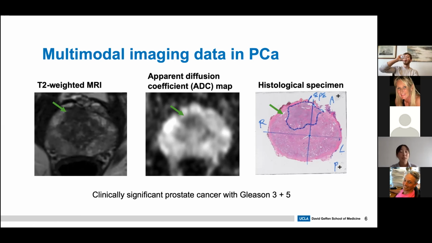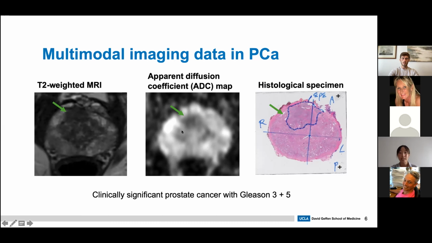Well, usually when there's dense cellular structure, it would impede the water molecule diffusion. So when we have a tumor with high cellularity, that is going to be quantitatively reflected on what's called the apparent diffusion coefficient map. And usually when there's a tumor, the ADC value is going to be lower.